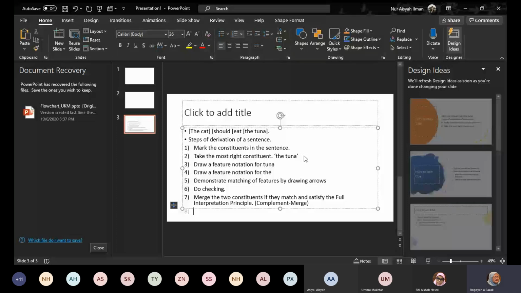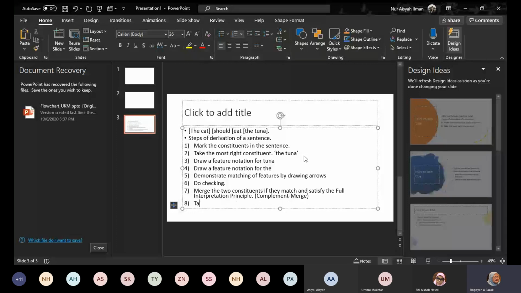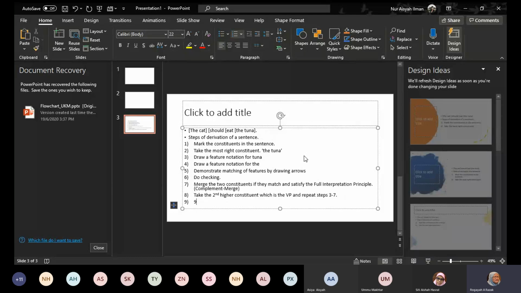And then number 8, repeat. Take the second highest constituent, which is the VP, and repeat steps 3, 2, 7. Number 9.